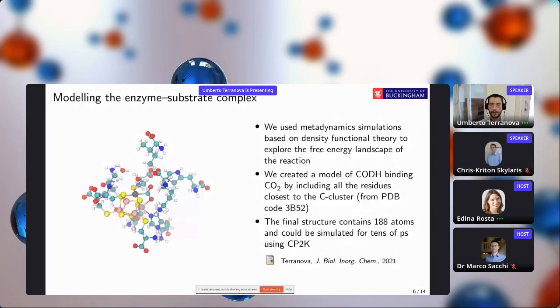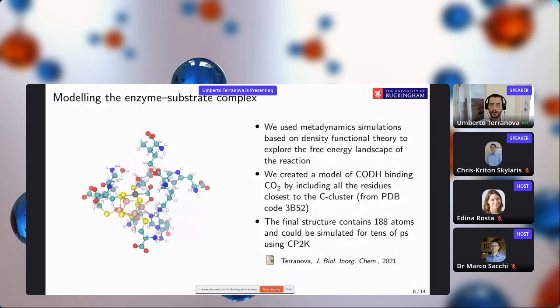The center shown on the left. These two molecules in the center are shown as well close to the C cluster.